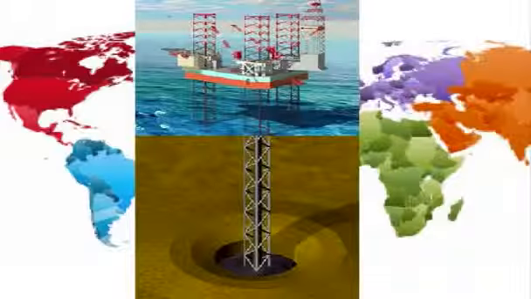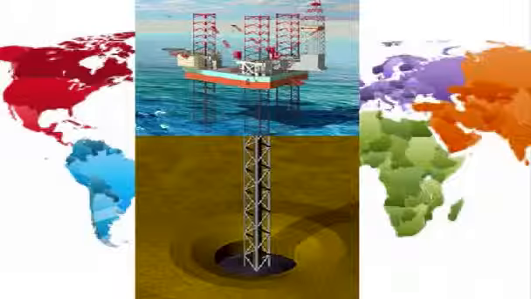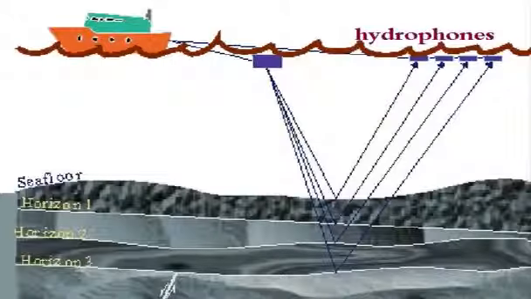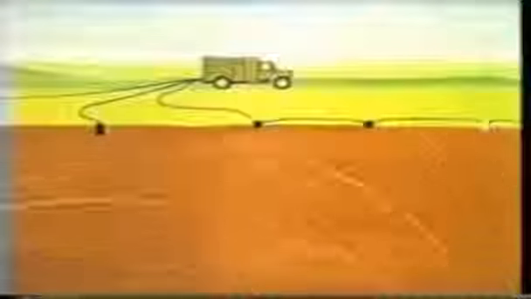Now let's apply this concept to help us decide where to drill our first wildcat well. In this drawing, I have placed my sound receiver, geophone, if on land, and hydrophone if offshore. When I fire the gun, sound waves created by the detonation flow out in a circle or radial direction.